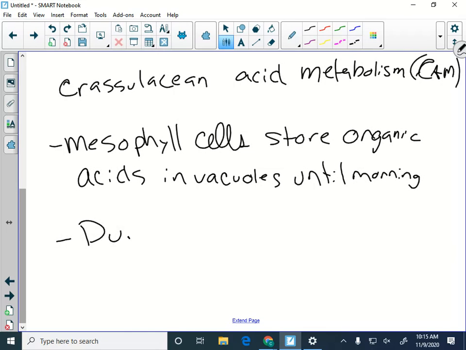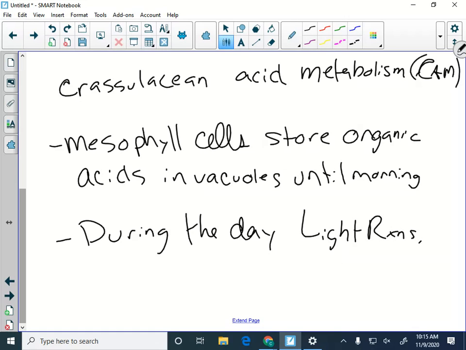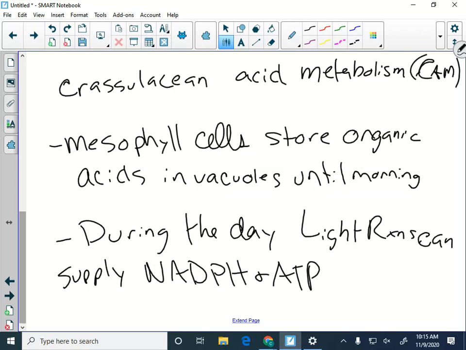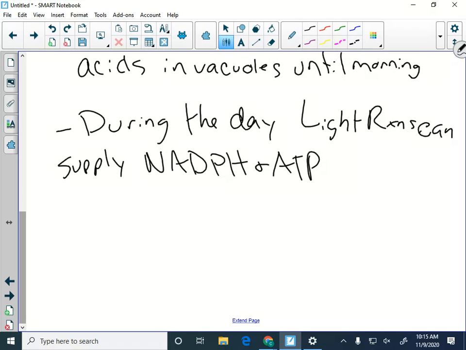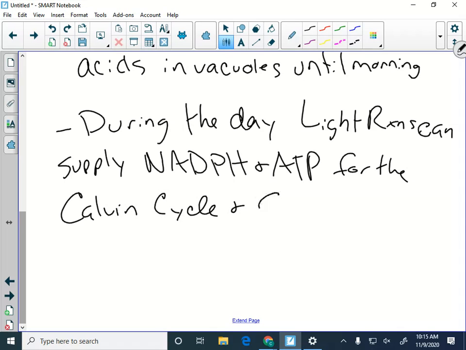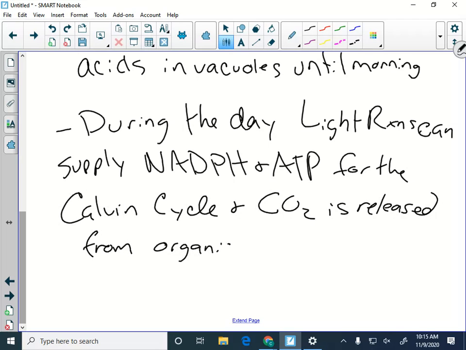So during the day, our light reactions can supply NADPH and ATP for the Calvin cycle, and CO2 is released from organic acids.